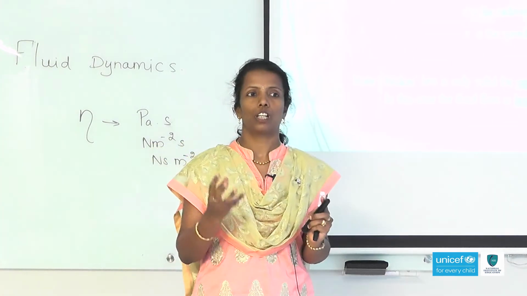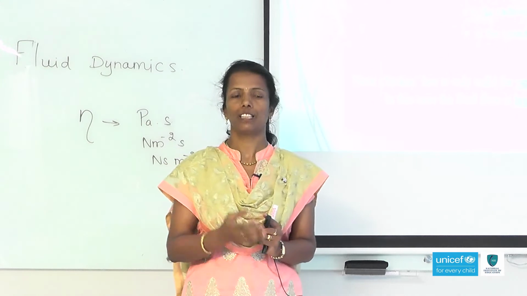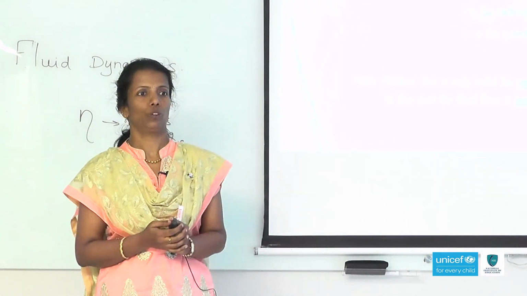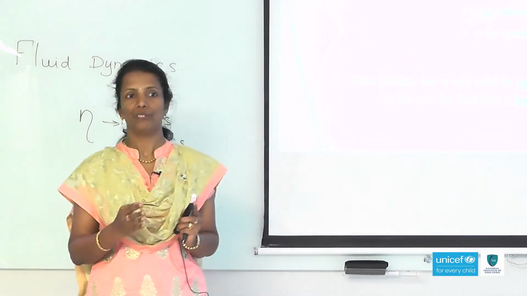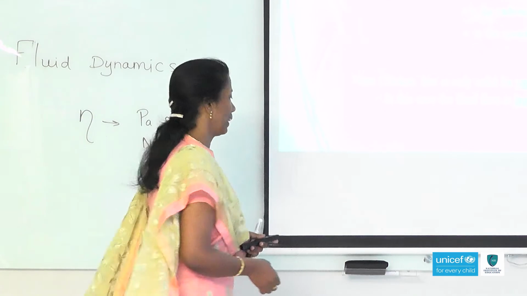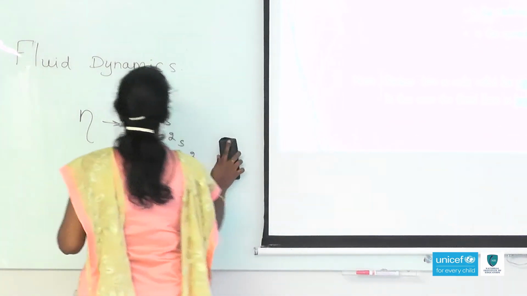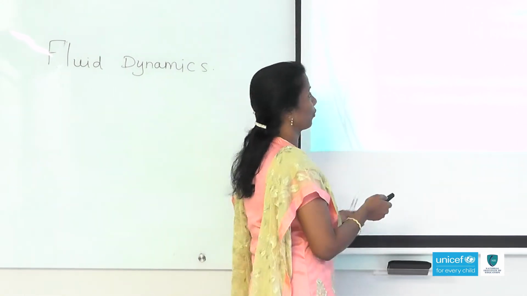If you consider an object of radius r, which is descending through a fluid of coefficient of viscosity eta and at speed v, the viscous drag experienced by this particular object, you can see from the equation.